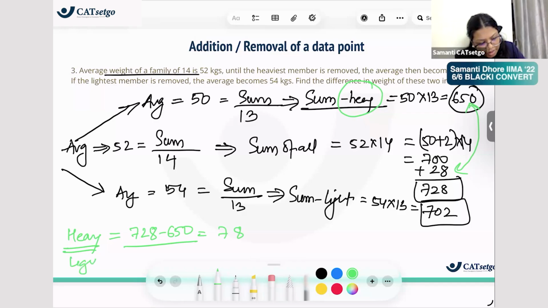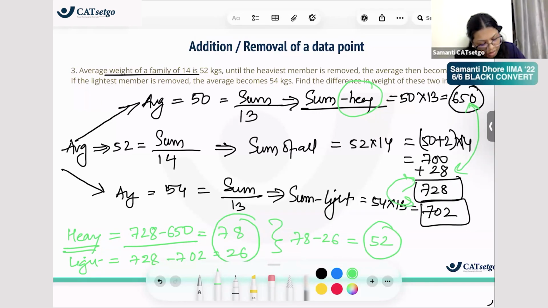And what is the light guy's weight is 728, जो ओरिजिनल है वो minus 702, which is 26. तो इन दोनों का डिफरेंस कितना हुआ, इन दोनों का वेट का डिफरेंस ही बोला ना, 52 ही है. 52 राइट, सो 52 इज योर आंसर.